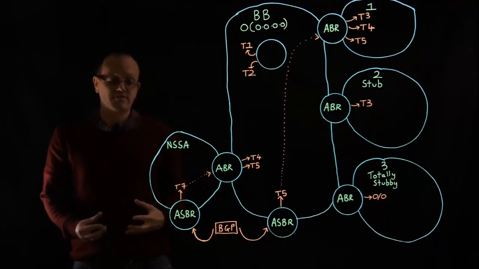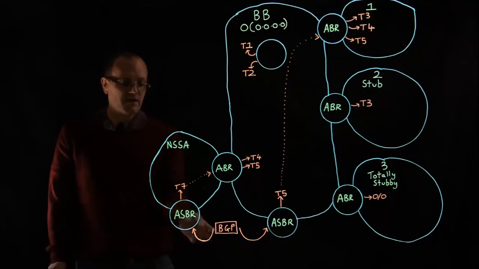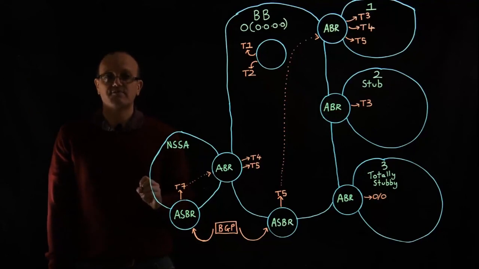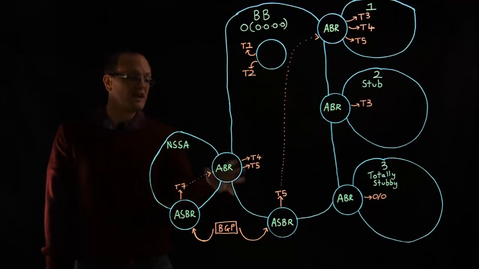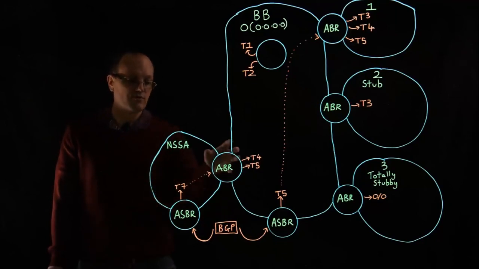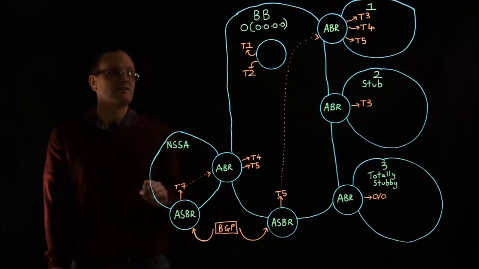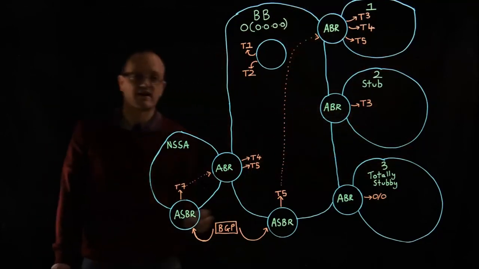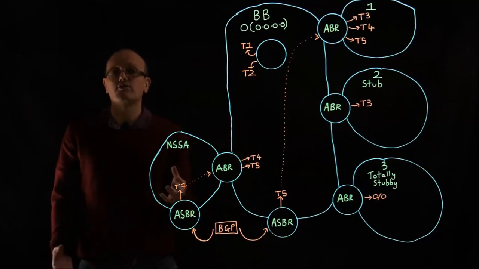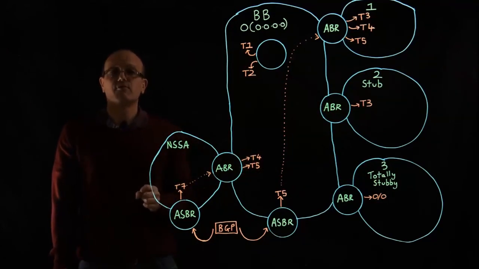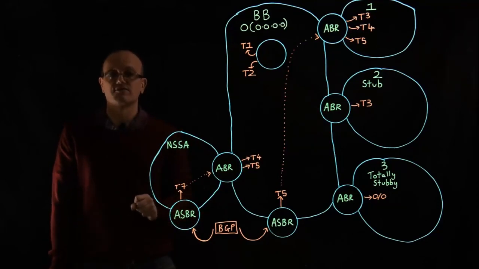So in this case, the ASBR advertises its external reachability via type 7 LSAs. They reach the ABR, the area border router. It then converts those type 7 LSAs into the type 5 LSAs that the rest of the network can understand. And as normal, this ABR is also still advertising type 4 LSAs to describe the location of that ASBR.